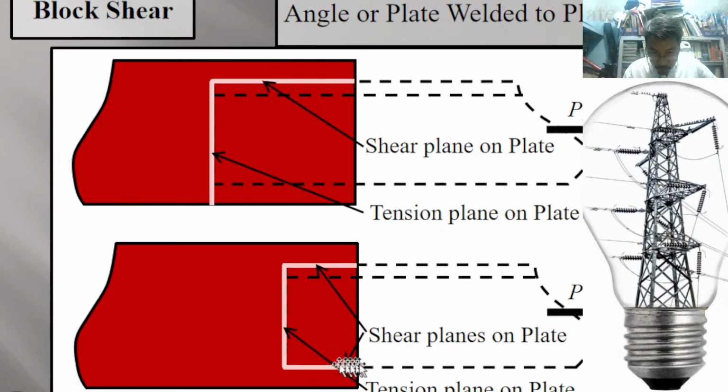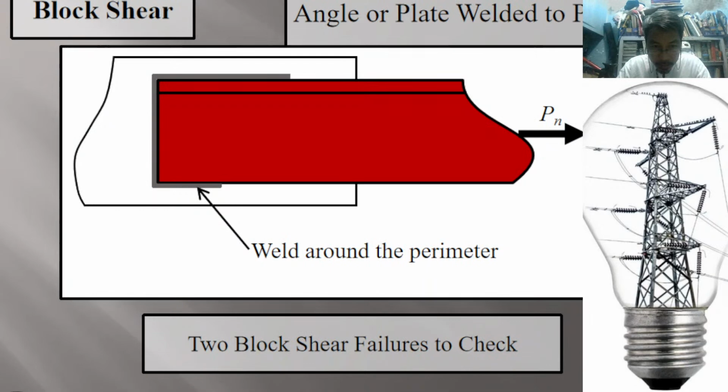There is no welding up to this point, so it may break down on this portion and just break down like this as a block. Again, you can review it right here. So the failure could be up to this point or up to this point.